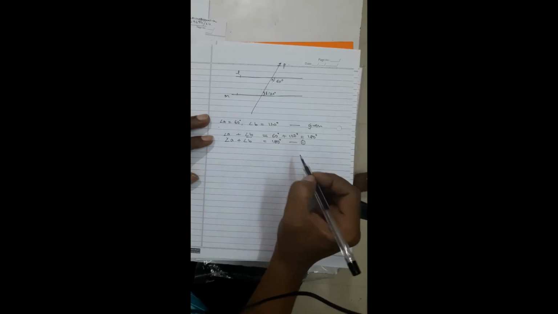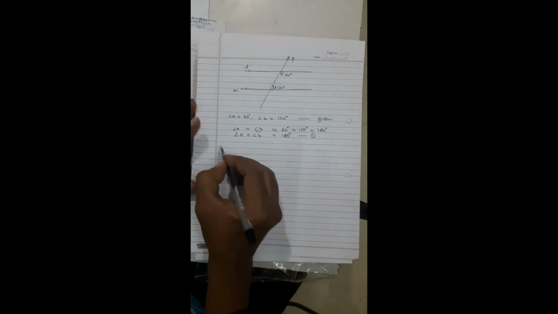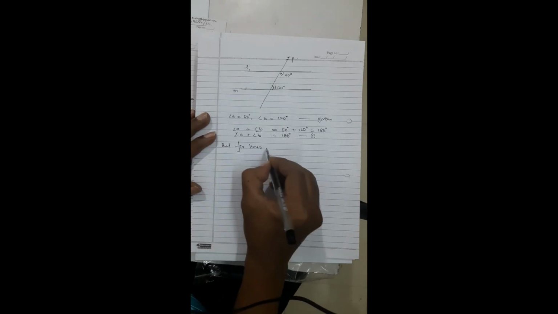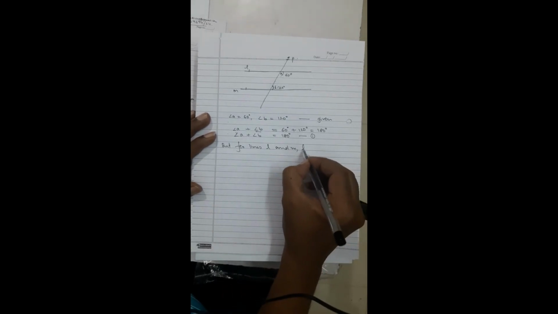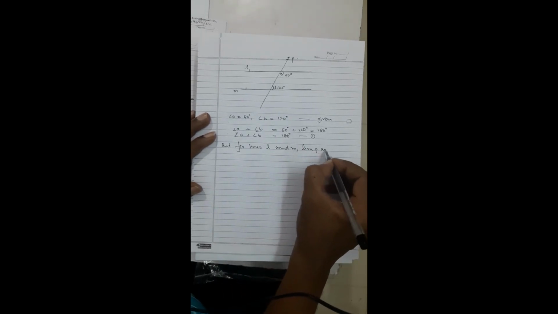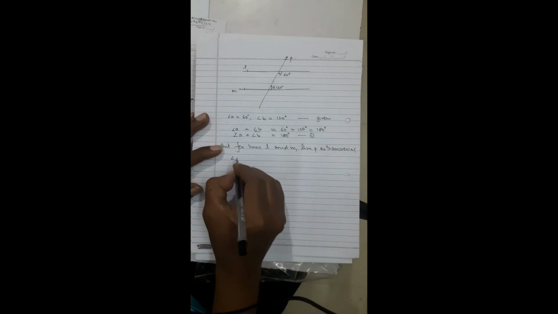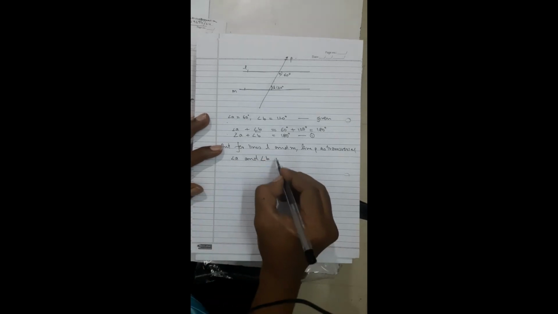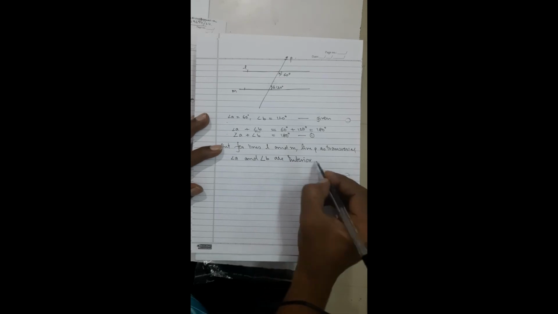This we have got. And now you have to bring it to notice that for lines L and M, the transversal is line P. When things are like this, angle A and here angle B, they are interior angles.